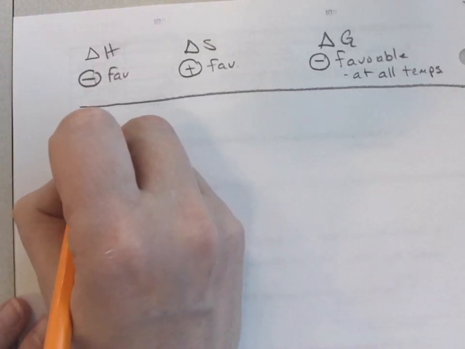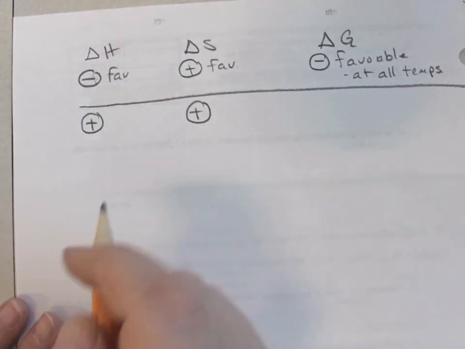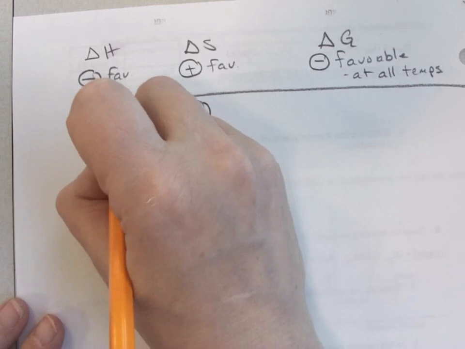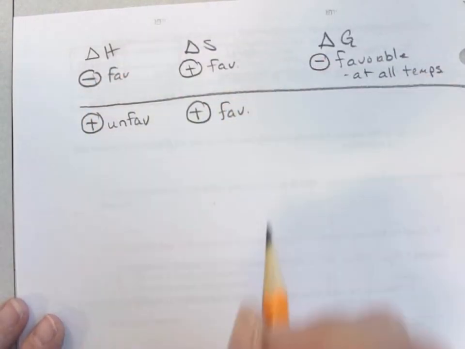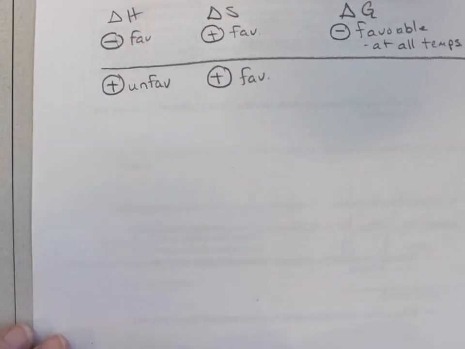Now, what if delta H is positive and delta S is positive? What if they're both positive? What do we know about delta H? Favorable or unfavorable? Unfavorable, right? And delta S is still favorable. So let's see what sorts of conditions that would work in. Let's look back at our formula.